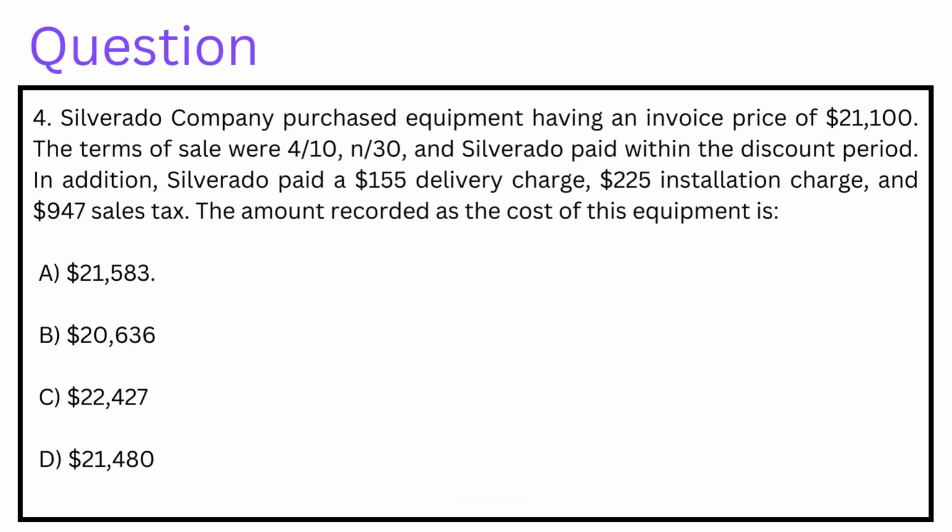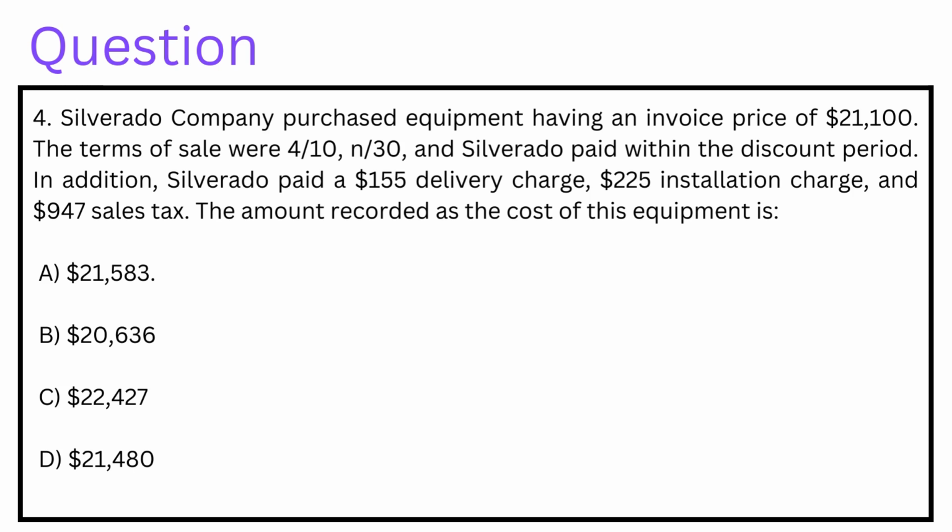Silverado Company purchased equipment having an invoice price of $21,100. The terms of sale were 4/10, n/30, and Silverado paid within the discount period. In addition, Silverado paid a $155 delivery charge, $225 installation charge and $947 sales tax.